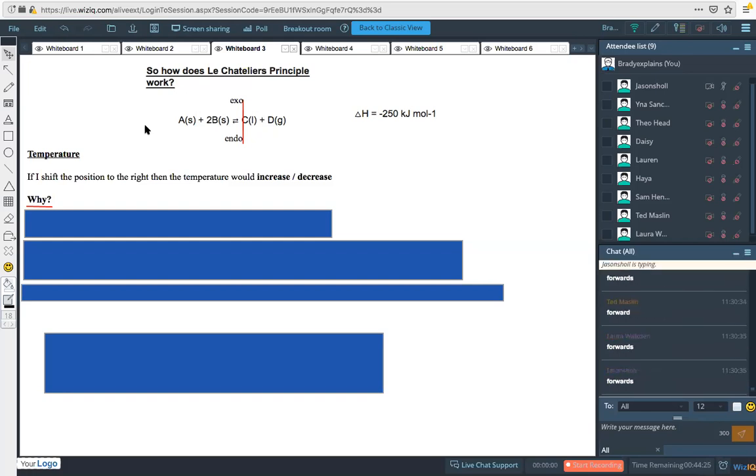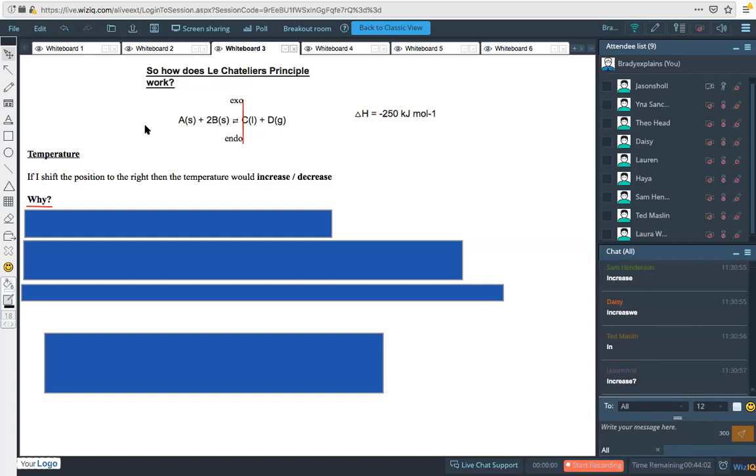Forwards, excellent. Is the forwards reaction exo or endothermic? Okay, exothermic. Does an exothermic reaction like a fire or a bomb increase or decrease the temperature? Right.